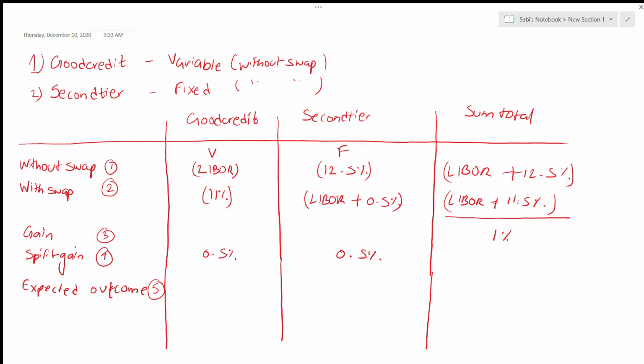So expected outcome is without swap. That's number 1, right? Minus the gain. Gain is number 4. Gain for individual, right? For individually you have to take. That means without swap, for good credit it was LIBOR and the gain was 0.5. So LIBOR minus 0.5. That is the expected outcome.